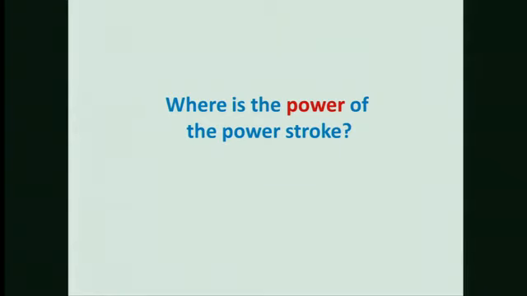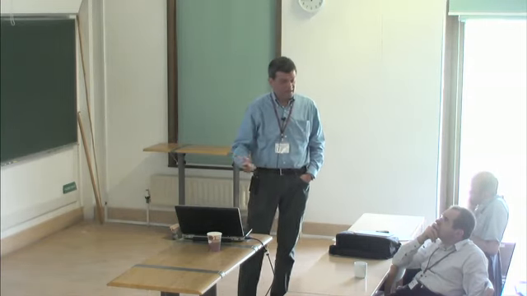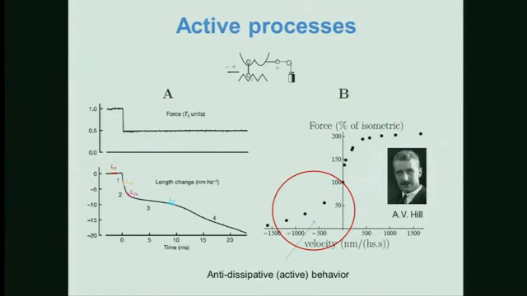So I very briefly mention where is the power of the power stroke, because we have treated the power stroke in a sense as a passive bistable element, but it's called power stroke, so there must be some power there. So here we have to turn to active processes, and the simplest representation of this active process would be to say, okay, we have this bistable element here.